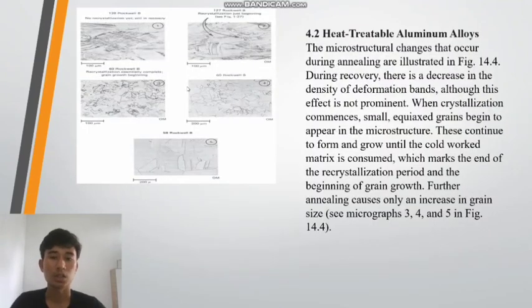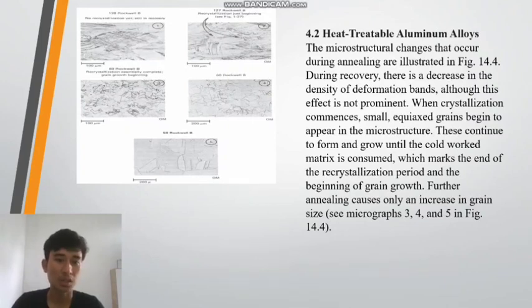Okay, next, 14.2 heat treatable aluminum alloys. The microstructural changes that occur during annealing are illustrated in figure 14.4. During recovery, there is a decrease in the density of deformation bands, although this effect is not prominent.